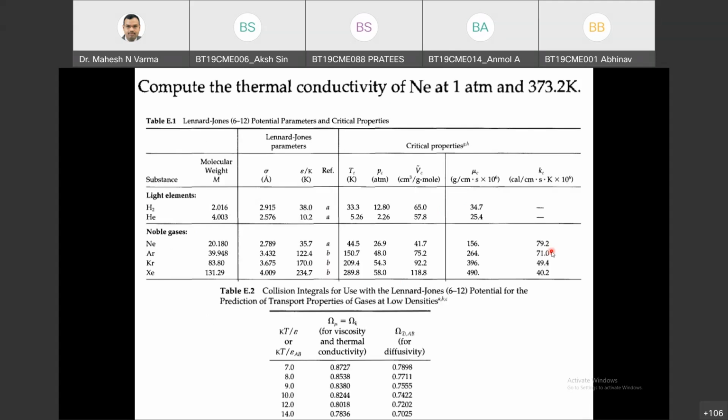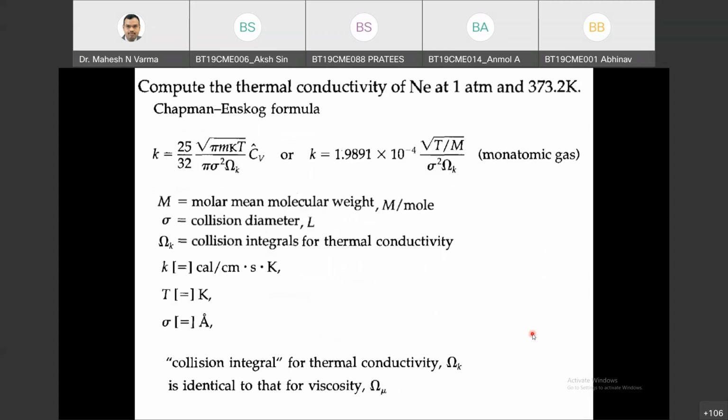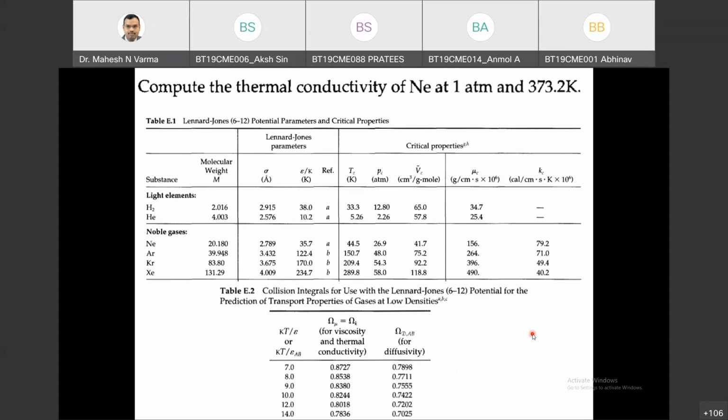So you can see actually collision diameter and collision integral. So what is the temperature and pressure? So temperature is 273.2 Kelvin and pressure is 1 atmosphere. So what is the value of collision diameter and collision integral?